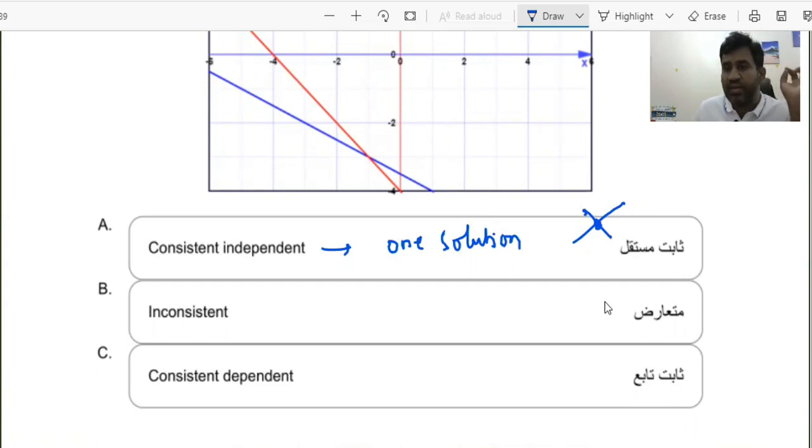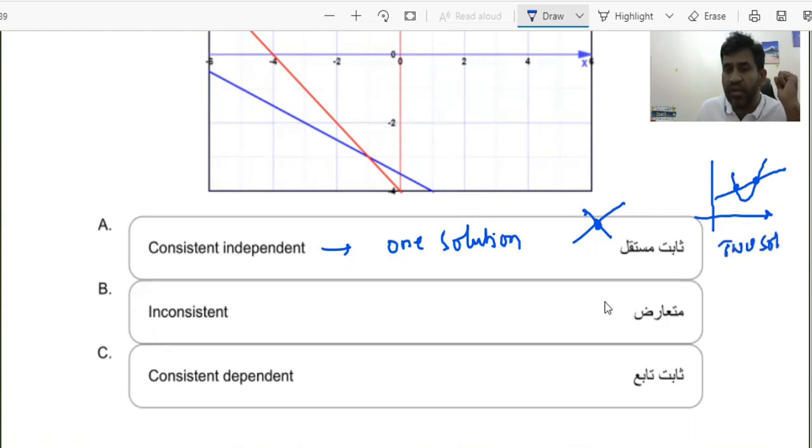Suppose I'm not talking in terms of lines, something else. Let's take the xy plane, where one graph is something like this and another graph is something like this. In this case, these two graphs are meeting at 2 points. I don't know what these graphs are, f of x, g of x, whatever, as they are meeting together at 2 points, I can say for such a system of graphs there are two solutions.